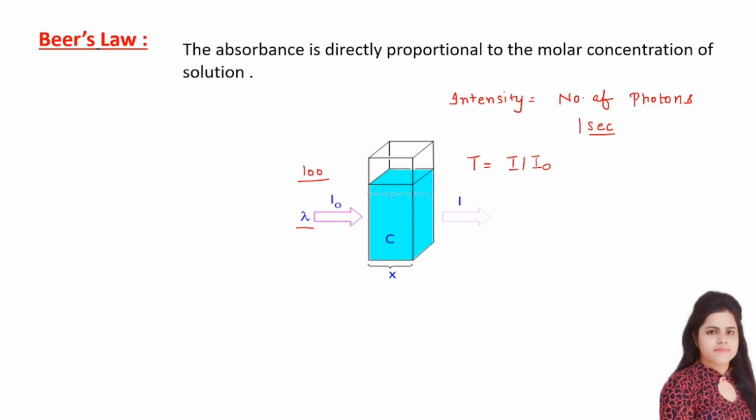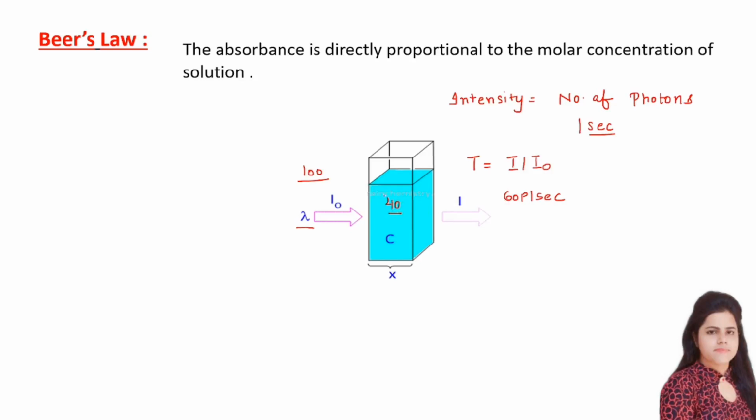Now this solution will absorb, suppose, 40 photons per second, and then my resultant intensity will be 60 photons per second. So as you can see, my intensity is decreasing because a number of photons are absorbed by this solution, and it is called absorbance.